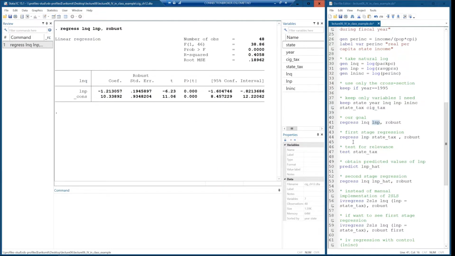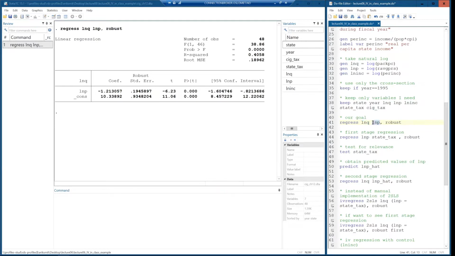Our problem here is that between quantity and price, the causality actually goes both ways. So there is a simultaneity bias. So what we have to do, or we can try to do, is find something which affects price but not quantity, and which is uncorrelated with the error term.